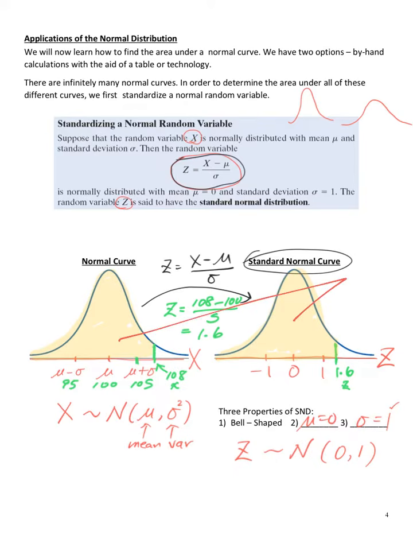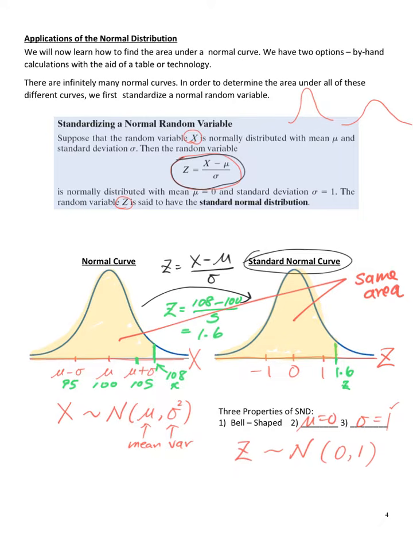These two areas are the same. That's why we don't have to look at all of these different normal curves with different mu's and different sigmas. We can transform any normal distribution into the standard normal distribution and just look at that, because the area is the same for an x value and its corresponding z-score.